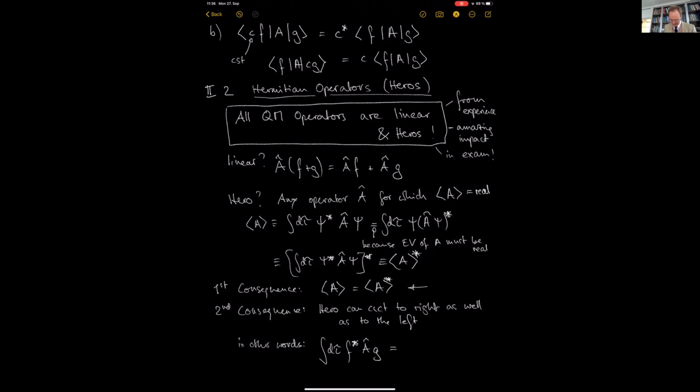This thing is supposed to be the same as g and then A working on f, right? So now it's properly written. Mathematically, we always apply the operator to the right. So if you're saying we operate it to the left, you flip places, such that it's written to the right. So that's the statement in mathematical form.